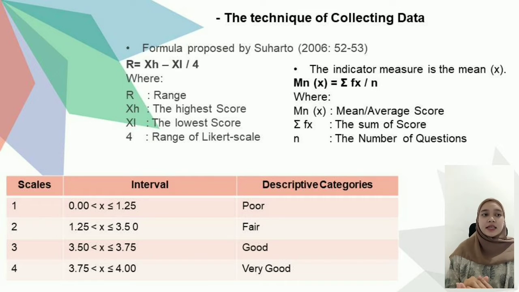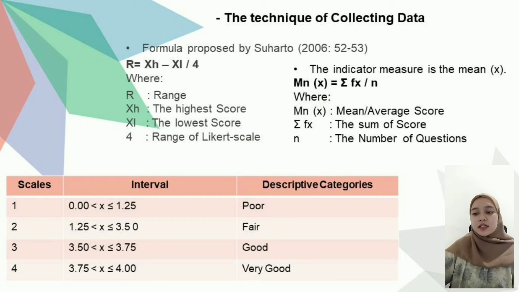And then the indicator measure is the mean X. The means were calculated by using the formula of data conversions. And you can see the picture again about the formula.